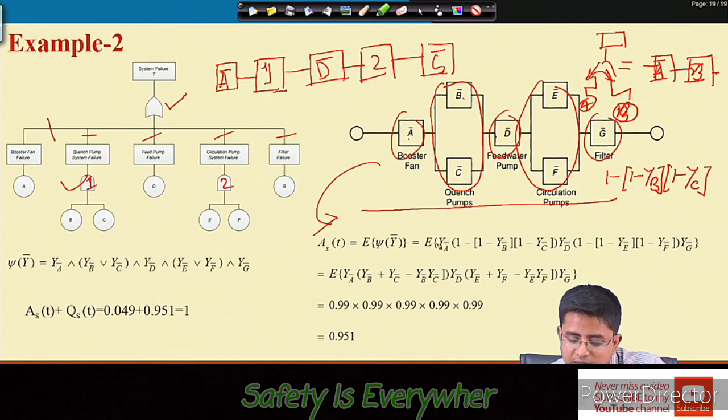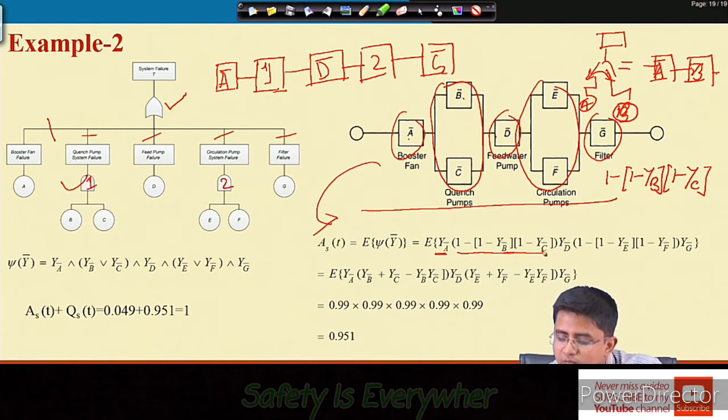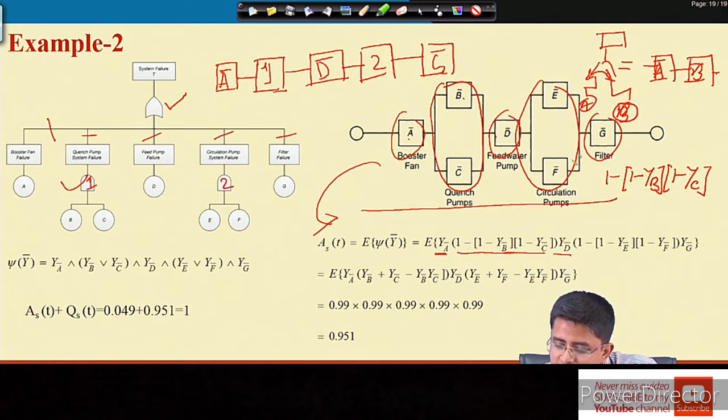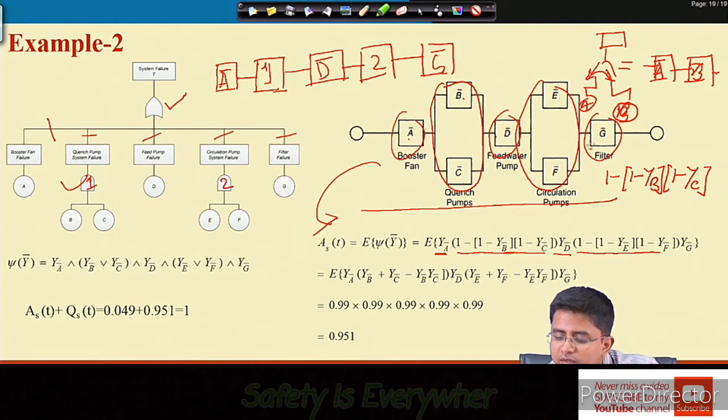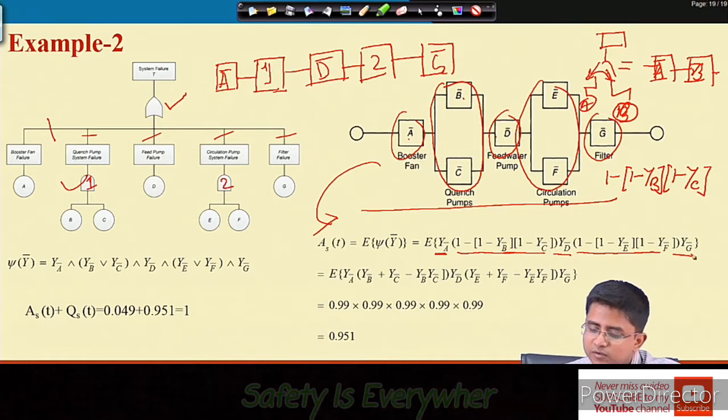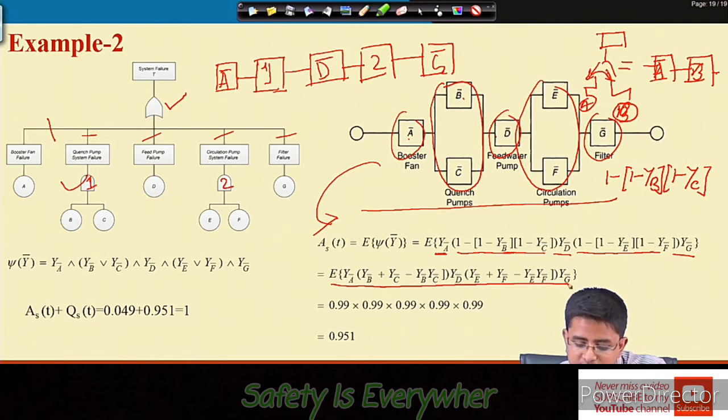Here y a bar is the indicator variable of A bar. Then for this portion we write 1 minus y b bar into 1 minus y c bar. Then for this, y d bar. This portion is again parallel, so 1 minus y e bar into 1 minus y f bar, then again y g bar. If we dig down further, we will get this type of equation.